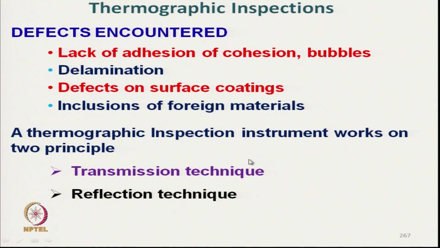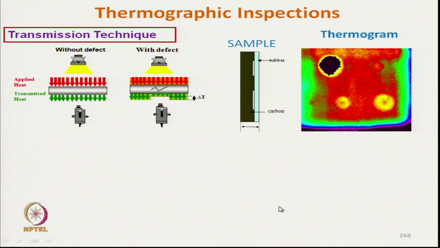This also works in transmission and reflection mode. This is the transmission mode. Here we can see the heater, and the heat is applied here. If there is no defect, the heat will be uniformly transmitted, so we can get an image.